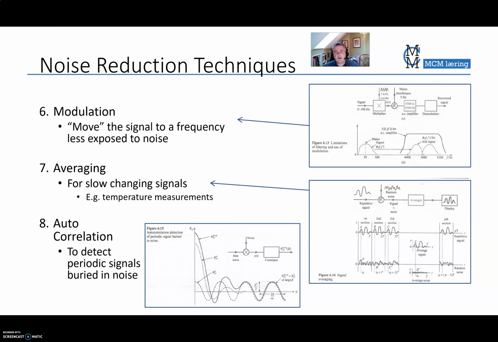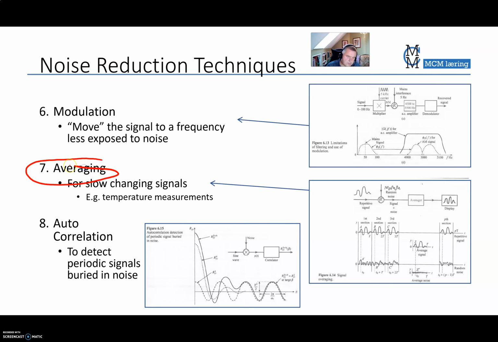So it's shifted upwards to a new frequency and then shifted back again to the low frequencies in our receiving radio. And you can also use this technique if you have a problem along the line at a given frequency. Remove your signal outside that frequency and shift it back when you come to the receiving end of the signal.